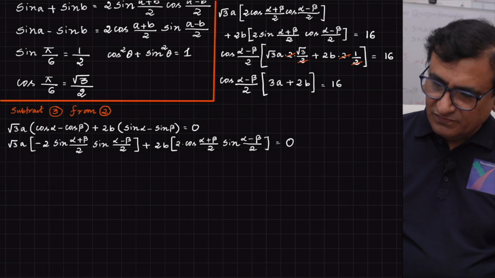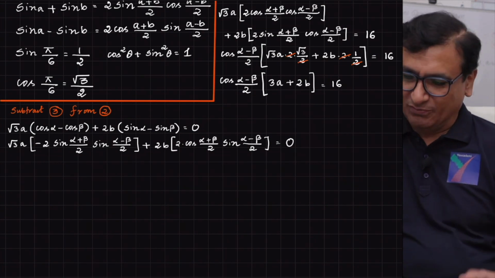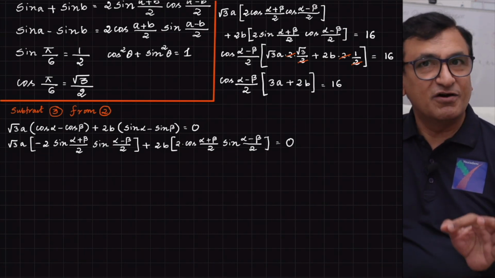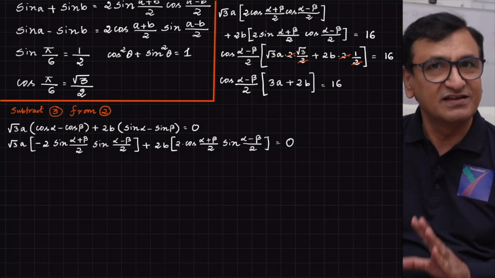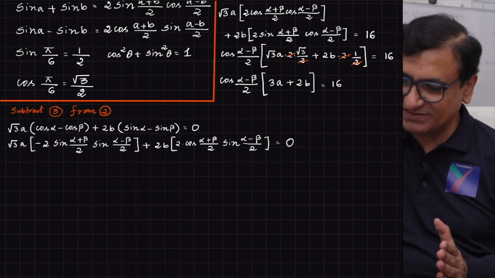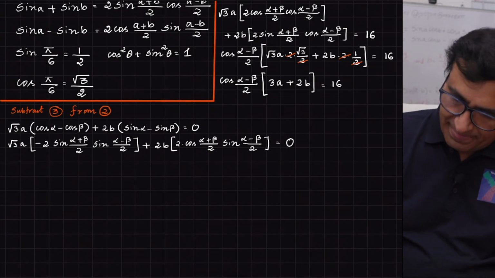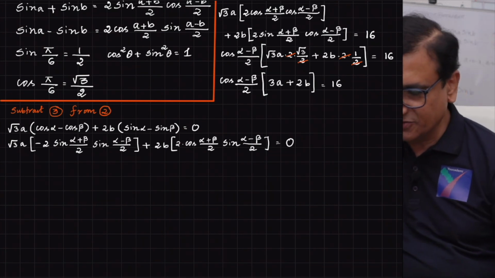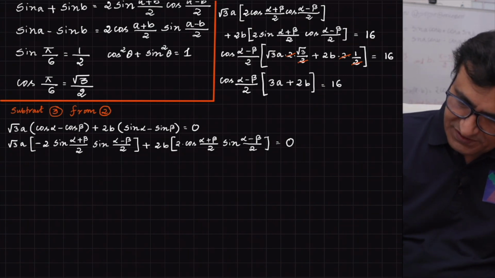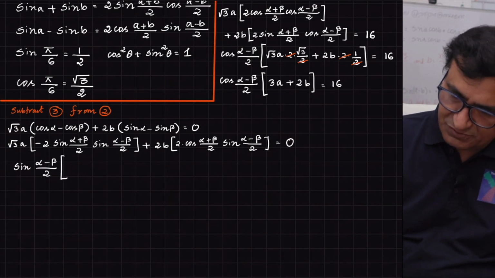Now, we have everything that is required to solve the problem. We have sine((alpha minus beta)/2) as a common term in both the parts of the expression, and we have sine pi by 6 and cos pi by 6. Let me take the common term sine((alpha minus beta)/2) first. Open the large bracket.